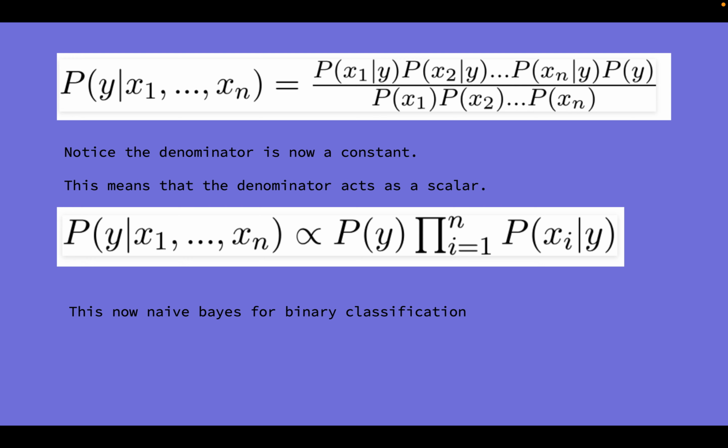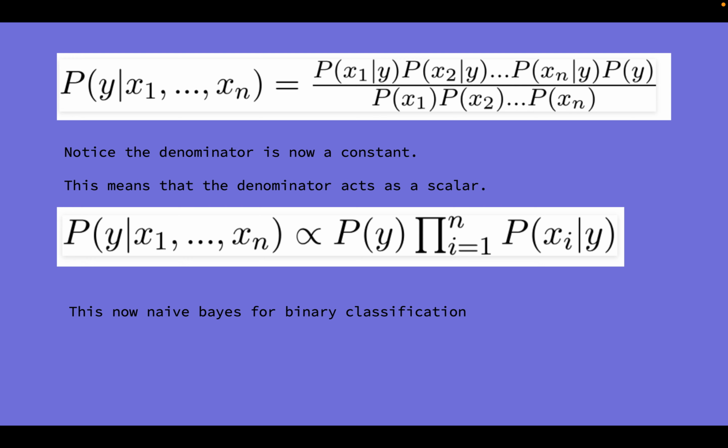It's not an inverse relationship. It's a proportional relationship to the probability of the hypothesis multiplied by the probability of every single evidence given the hypothesis, right? So this is naive Bayes for binary classification.